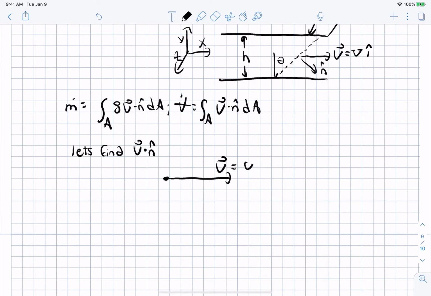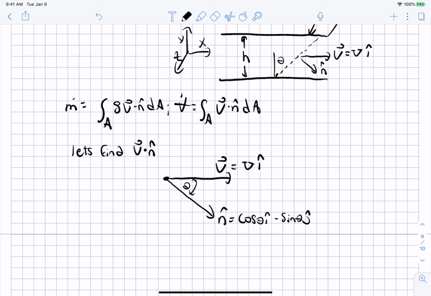V equals v i hat. And we have the surface here, and this here will be angle theta. And n hat will point in this direction. You can just use properties of trig, and n hat will equal cosine theta i hat minus sine theta j hat.